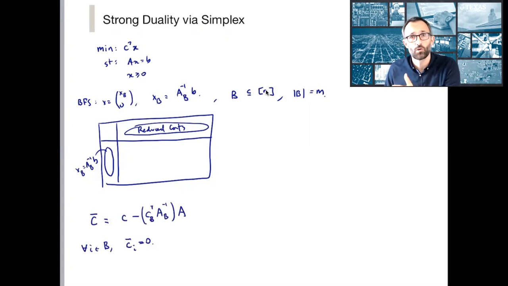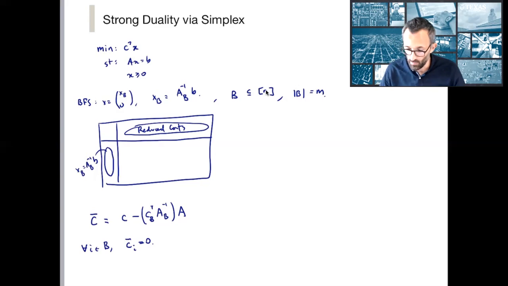The simplex algorithm keeps looking over the reduced costs until it finds one that's negative. When it finds one that's negative, it introduces that into the basis. When you move theta units in that direction that you get by introducing that element in the basis, your benefit, your reduction of the cost, is theta times the reduced cost.